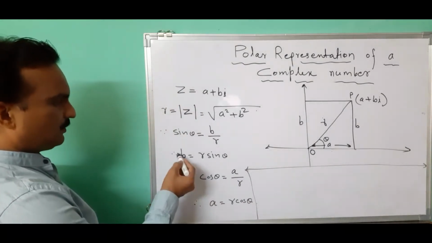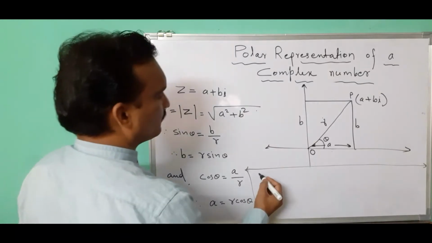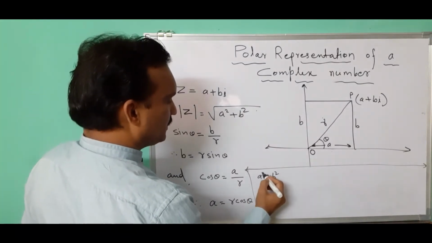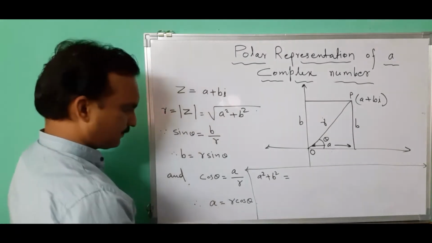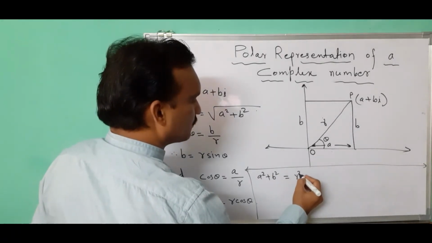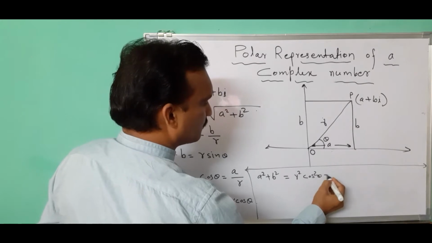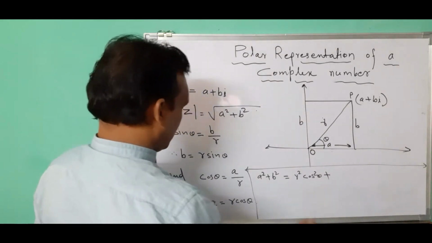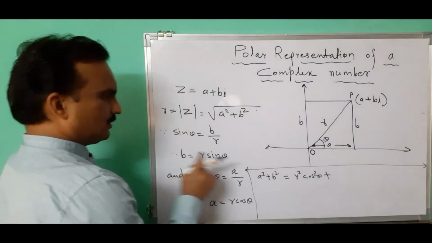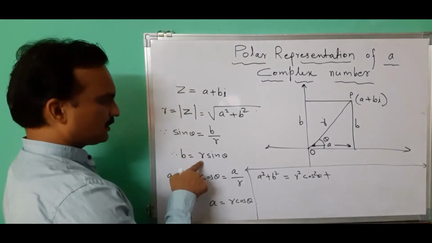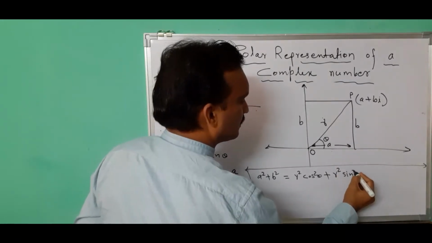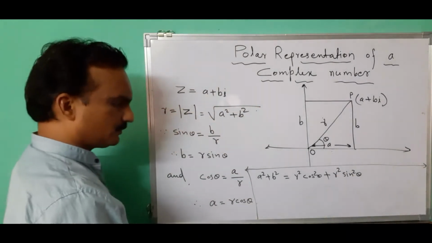find out a square plus b square. So a square plus b square we can write: a square means r square cos square theta, plus b square. b square means r square sine square theta.